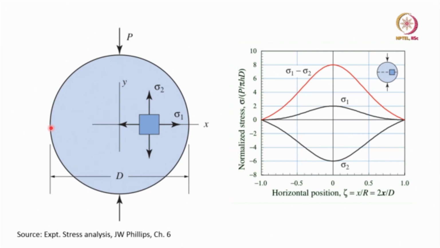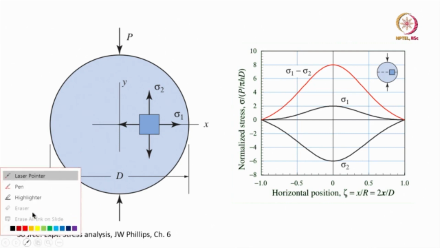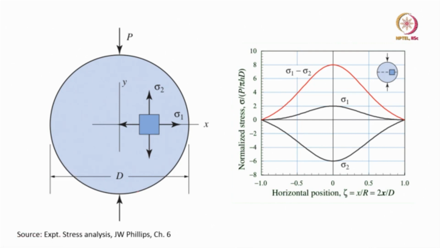The advantage of that is that sigma 1 minus sigma 2 is proportional to n. Remember the formula we had, sigma 1 minus sigma 2 was n F sigma by h.